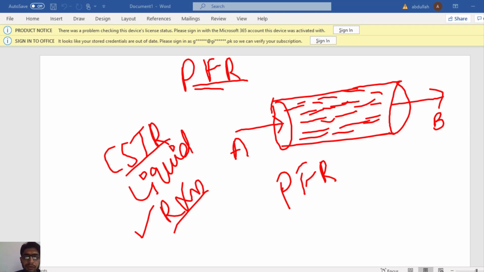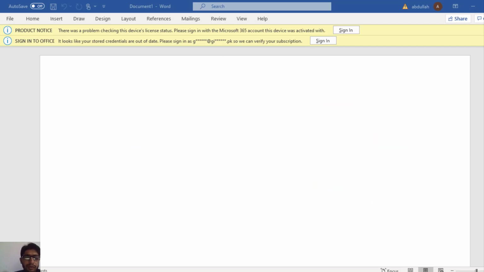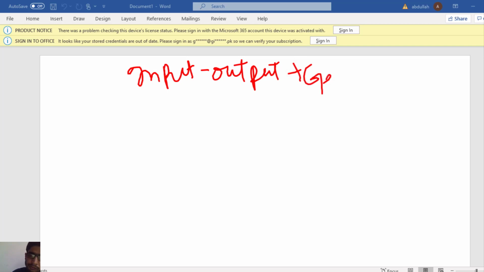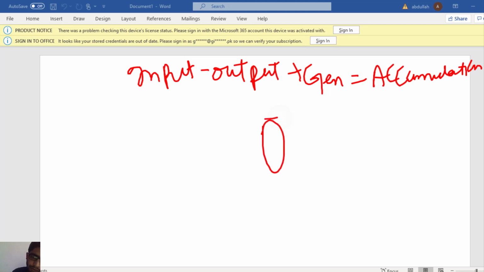Now what will be the mole balance for the PFR? Generally, as we know, input minus output plus generation is equal to accumulation. Now in the case of PFR, suppose this is our PFR.